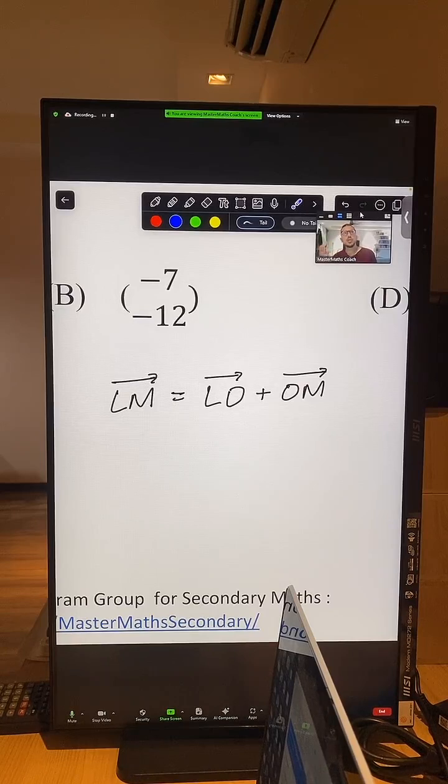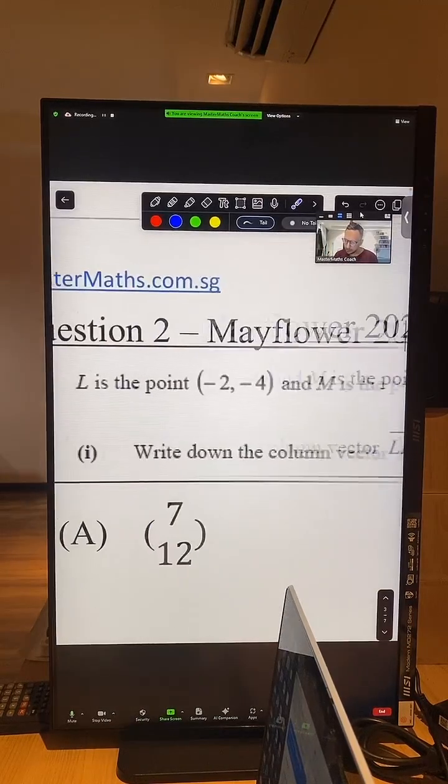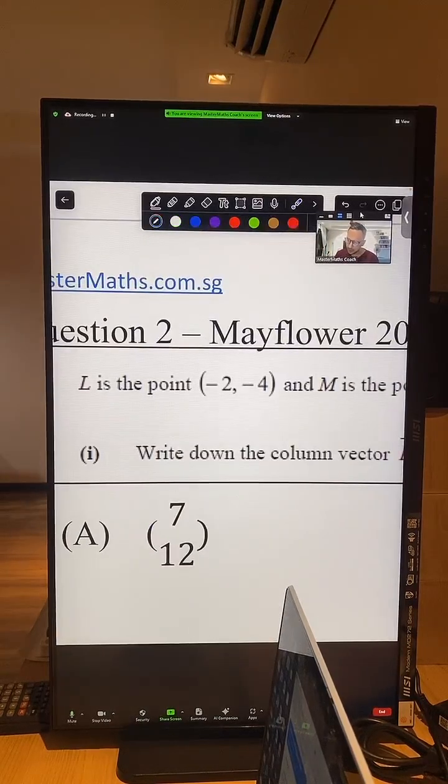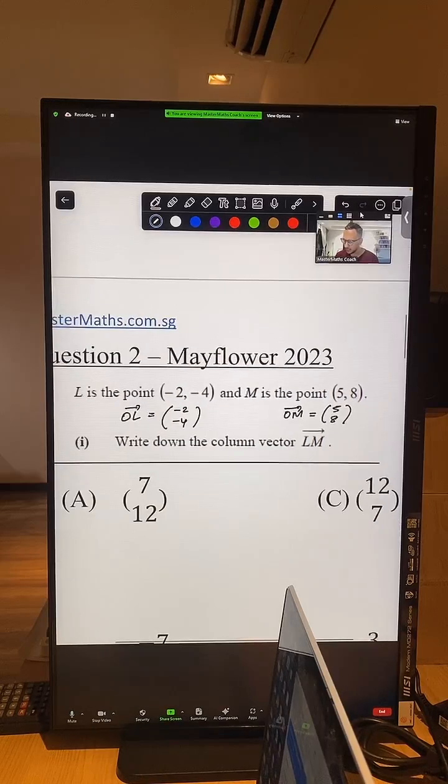But because we are going to be working with something called a position vector. What is a position vector? Position vector is a vector that comes from the origin. So for instance, when they say L is the point -2, -4, guys, straight away you can write over there lah. OL is -2, -4. OM is 5 and 8. Okay?